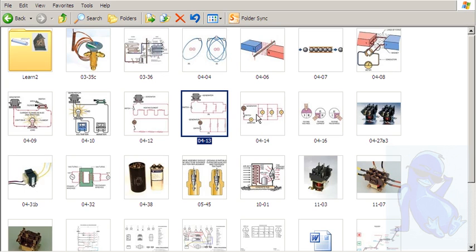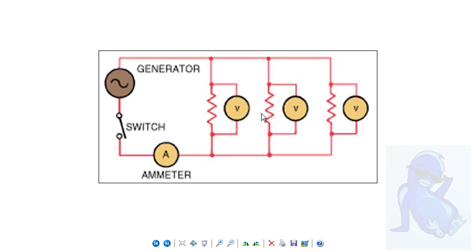The properties of the electric circuit. You'll notice your power source, your switch. When you're checking on the same line, this is line 1 here, when you're checking on the same line, you are checking amperage. When you are checking across the load, you are measuring voltage.